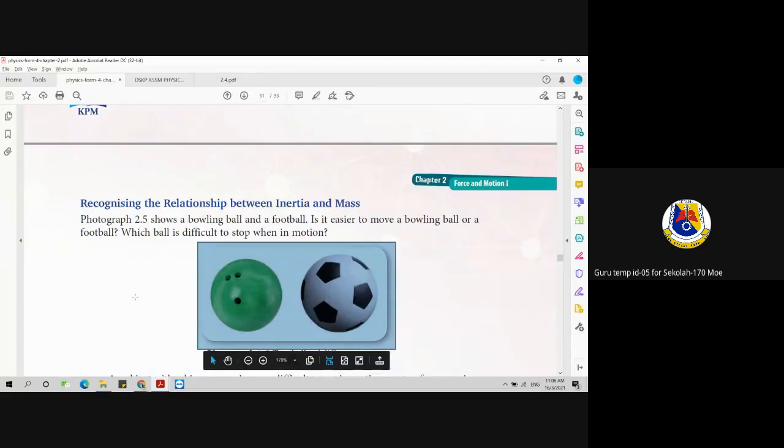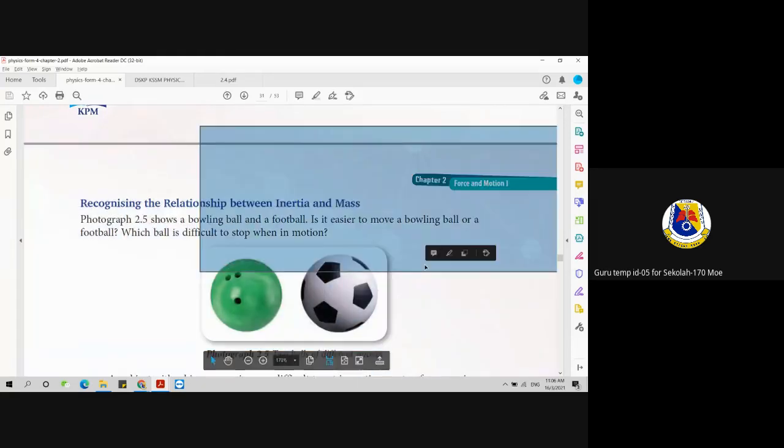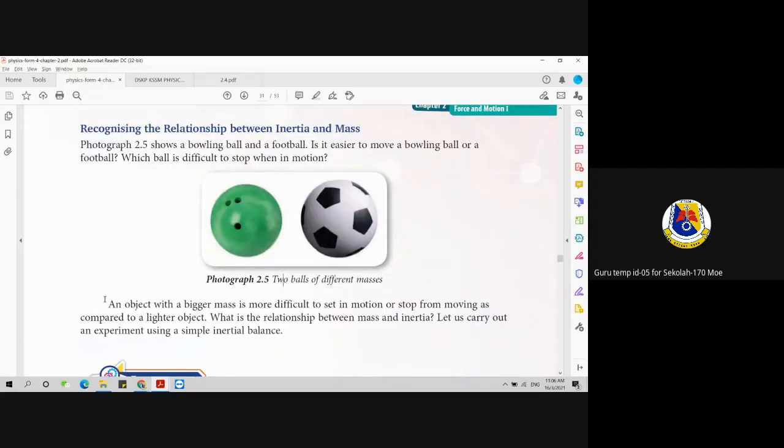It's the bowling ball, because if we look at the sport of bowling, they throw the bowling ball, and if we want to stop it in the middle, it's very difficult because it's heavier. So it will keep on moving. So the explanation is that an object with a bigger mass is more difficult to set in motion or to stop from moving as compared to a lighter object.